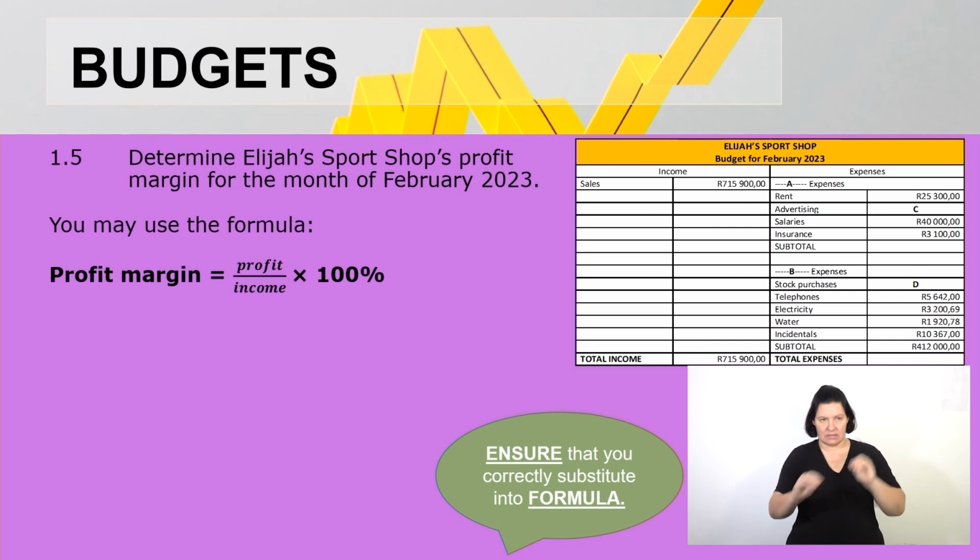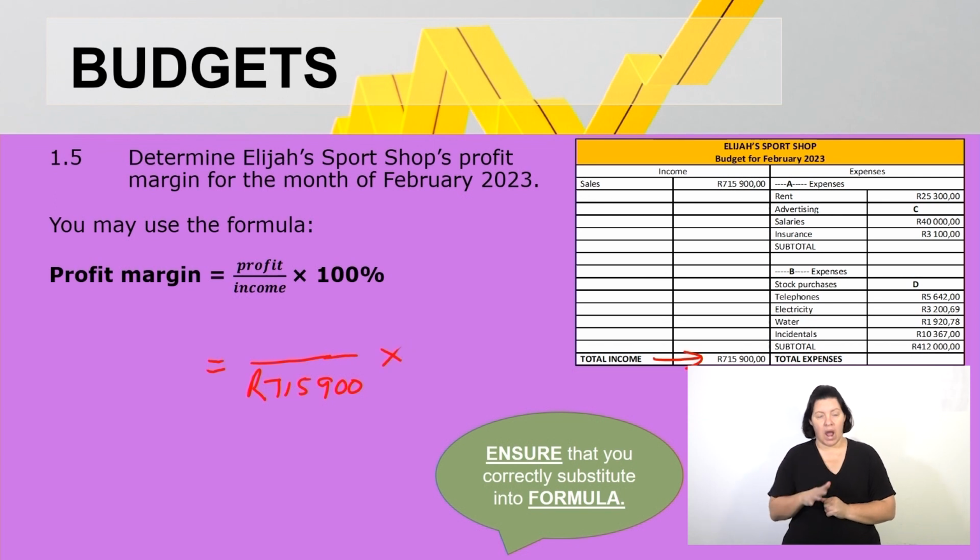So there's your formula. Looking at what I have here, I know definitely that my income, as we can see here, is 715,900. So I'll start with that. I also know that since I want a percentage, I'll have to multiply by 100. But now I'm looking for the profit.